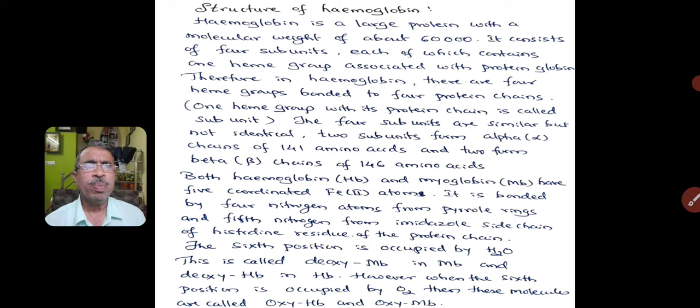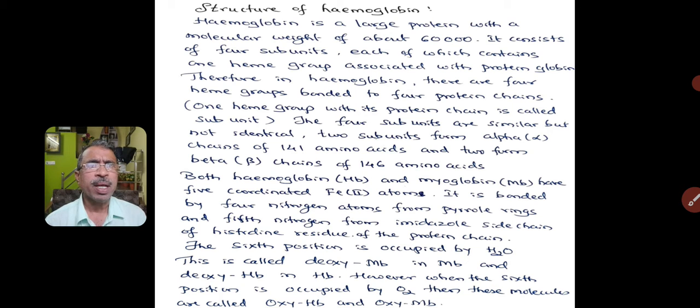One heme group with its protein chain is called a subunit. The 4 subunits are similar but not identical. 2 subunits form alpha chains of 141 amino acids and 2 form beta chains of 146 amino acids. So, we have alpha hemoglobin and beta hemoglobin.